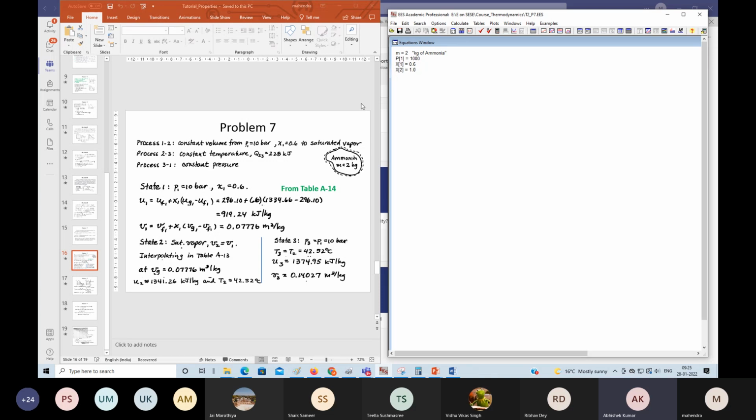Then in process 2-3, since this is a constant temperature process, they have given Q23 equal to 228. That is in kilojoules because we set our units like that only.